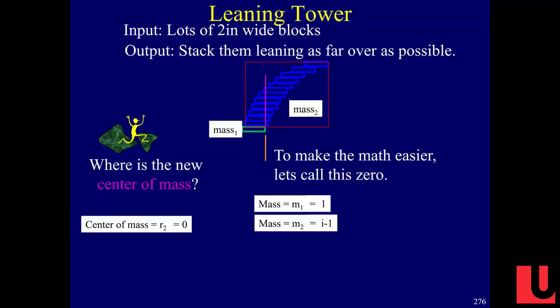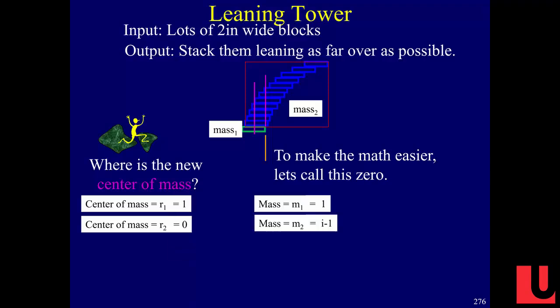And then what's the center of mass of the green? Well, it's in the middle of the green block. So what's this distance? It's going to be 1, because the block has length 2, which is why I set it to be 2. Make our math easy. Everybody good with this?